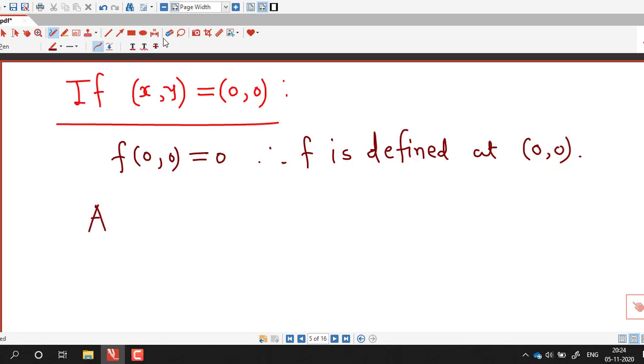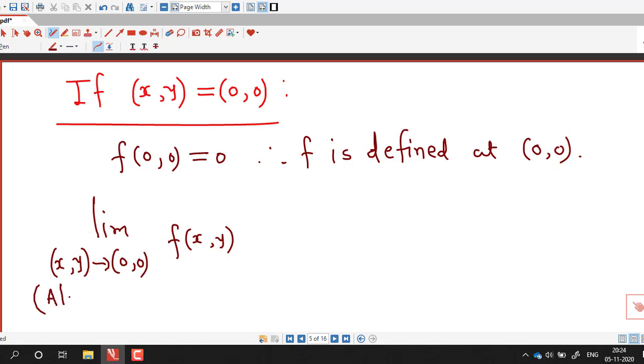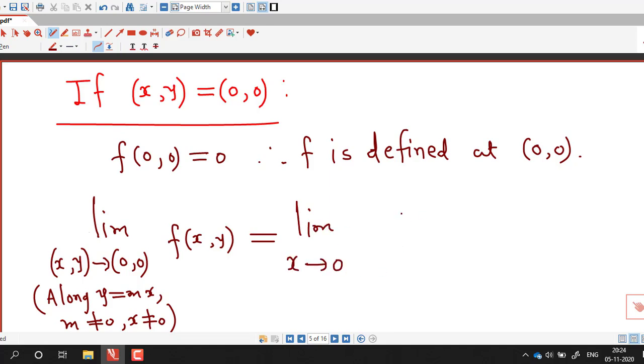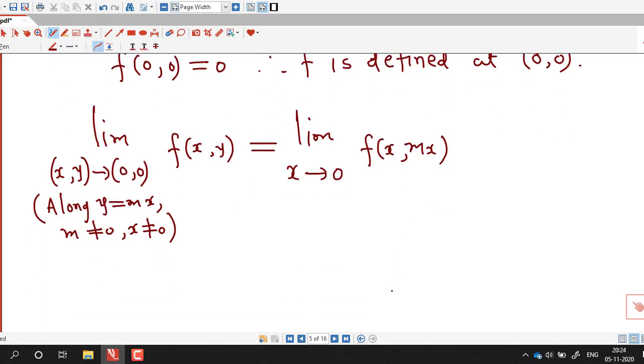So along y equal to mx, where m is non-zero and x is non-zero, the limit of f(x,y) as (x,y) approaches origin, if we put y equal to mx, will be converted into a single limit, x tends to 0, and in the function we put y equal to mx.